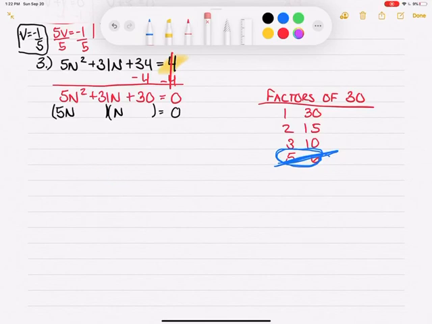Well, I know that I could try 5 times 2 would get me 10, and 15 would get me 25 if I add those together. But that's not quite close enough. If I tried 2 and 15, that would be 75, which is going to be too large.